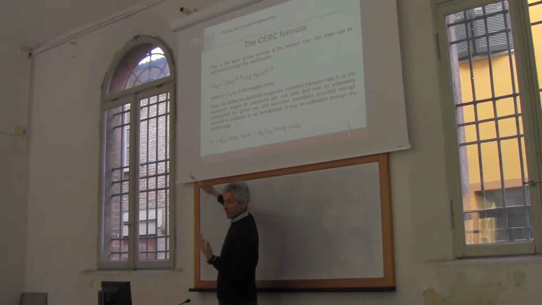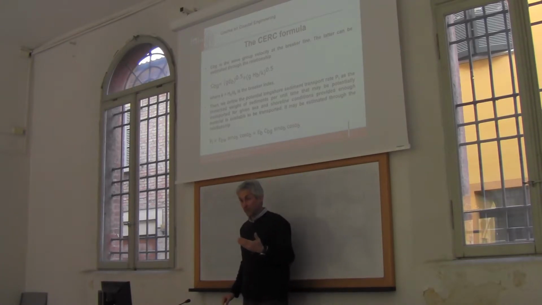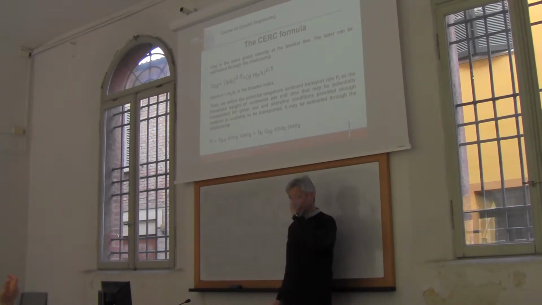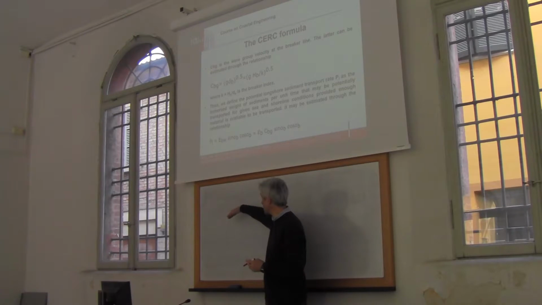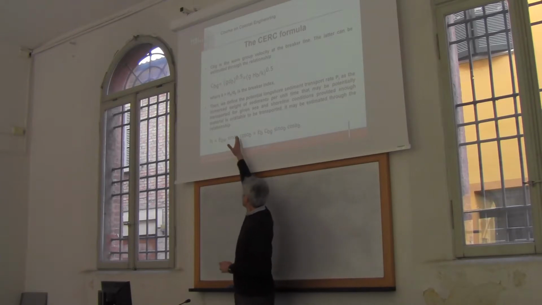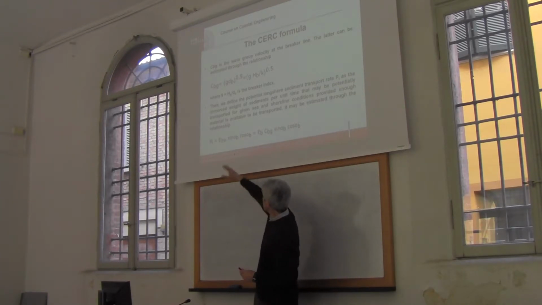This takes into account the fact that when the wave is approaching the coastline perpendicularly, I don't have any alongshore sediment transport. So when alpha becomes close to 0, the sediment transport vanishes. Let's forget about this part here, okay?